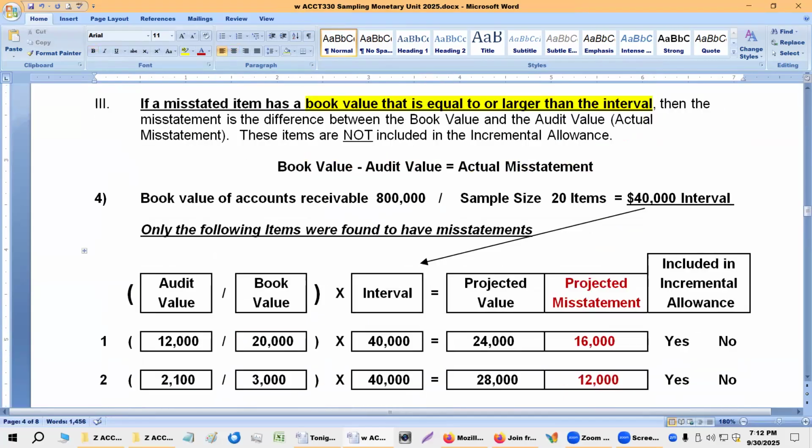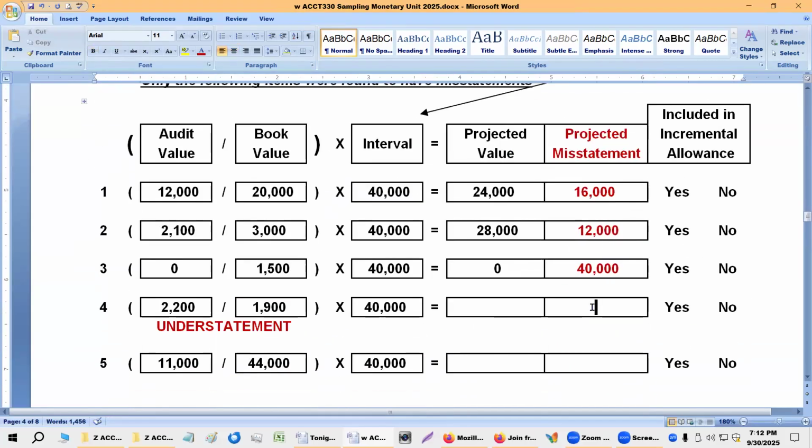We ignore them. The projected misstatement is 0. Predicted value, probably don't need to put this in, but everything's fine.